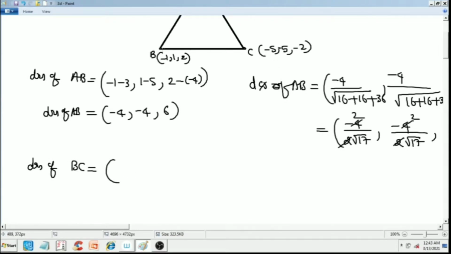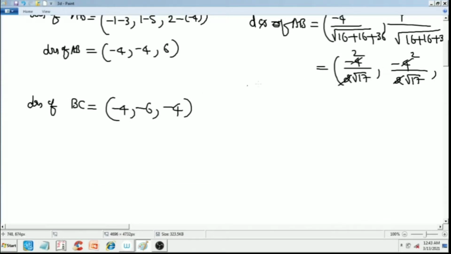Now DRs of BC: minus 5 minus of minus 1, minus 5 plus 1 is minus 4. Next y2 minus y1: minus 5 minus 1 is minus 6, and minus 2 minus 2 is minus 4. So do the modulus, the magnitude. 4 square plus 6 square plus 4 square is root over 68. Root over 68 can be written as 2 times root 17.